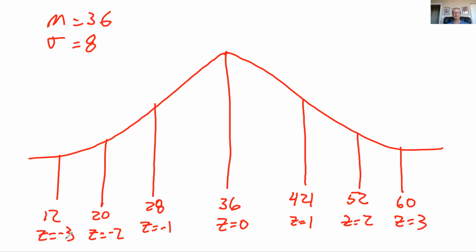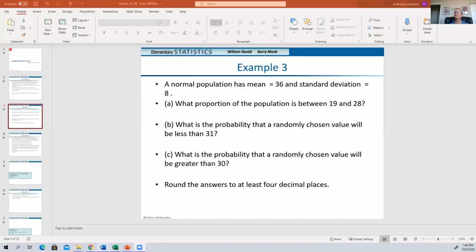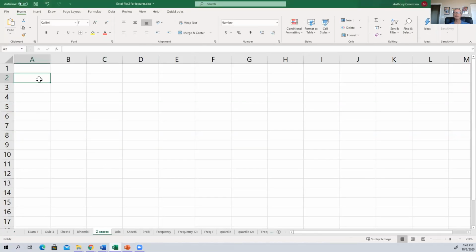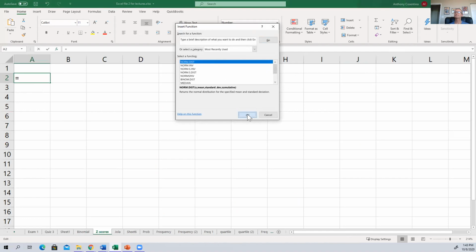And so instead of using these z-scores now, we're going to do the calculations using mean, standard deviation, and the point. And the first one we're talking about here is, we picked the number of 31. And remember, the calculations will always give you less than, and that's what we're doing in this case. So when we do this calculation, we go to the spreadsheet and we find the function norm.dist.